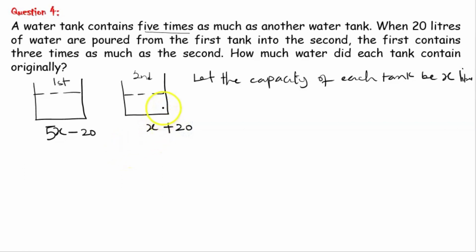So when that is done, we are told that the first contains 3 times as much as the second. Whenever you see that expression, they are simply saying that once that is done, the content of the first tank is now equal to 3 times the capacity of the second tank.